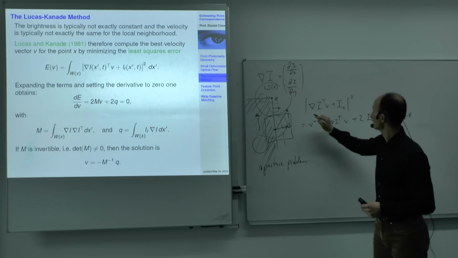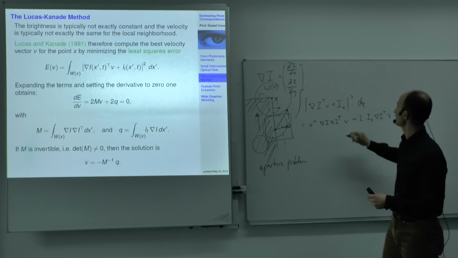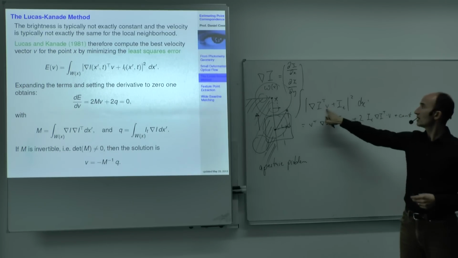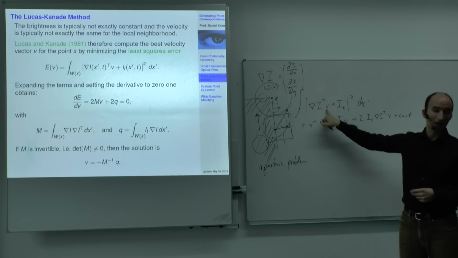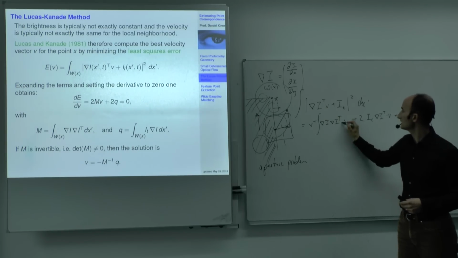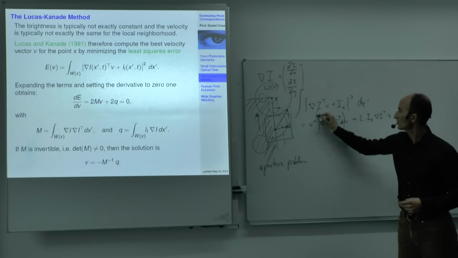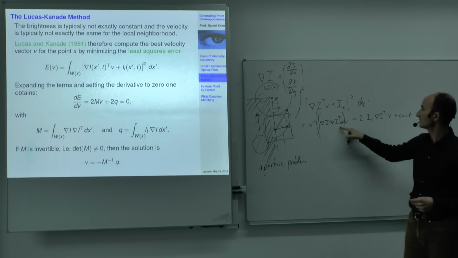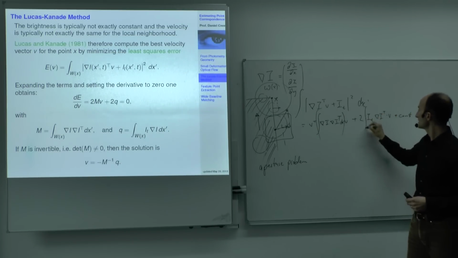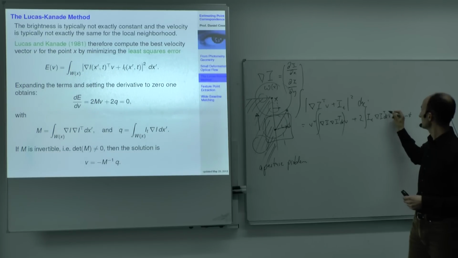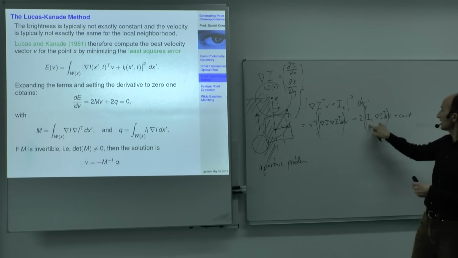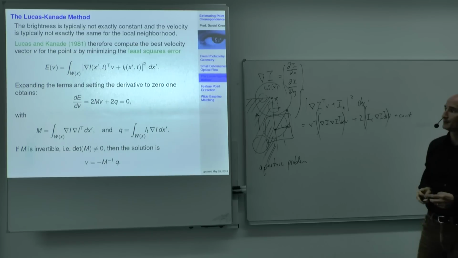In addition we have the integral over x prime, but the velocity is the same for all x prime, so we can pull the integral inside here. So we have v transpose the integral over this times v, and similarly we can pull the integral in here: 2 times that expression times v.